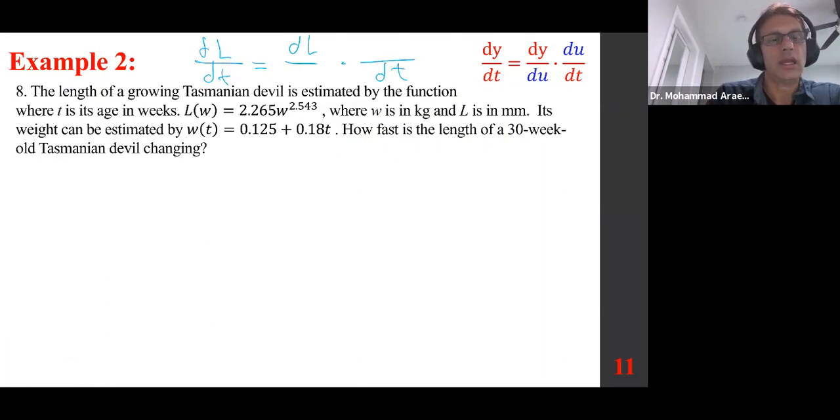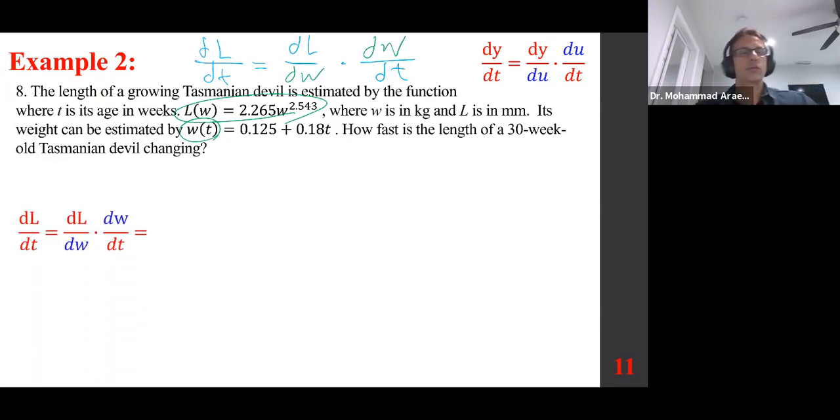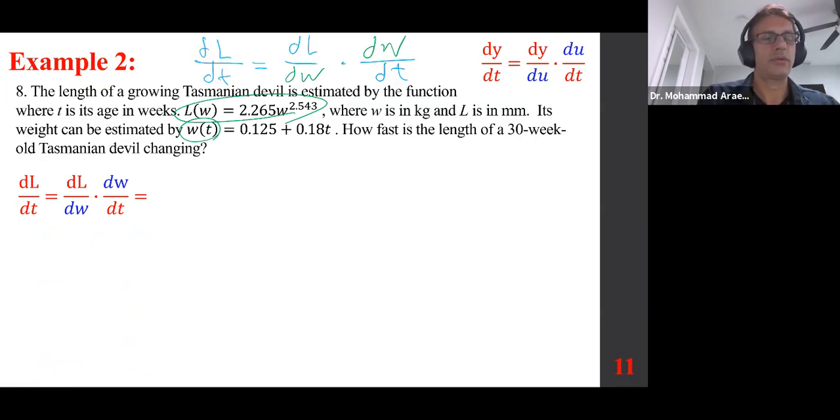And what goes in between? Class, L is a function of W. So W goes in between. I hope you see that. Take a look at this one. So you need dW. Okay. So that's the idea, how we arrive at this.